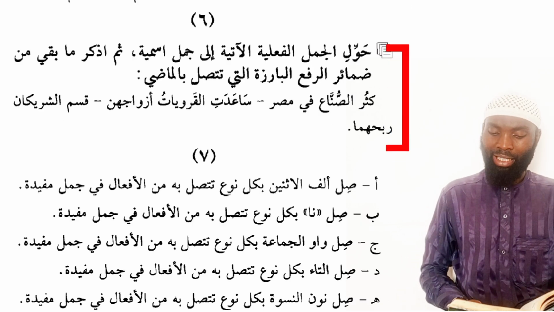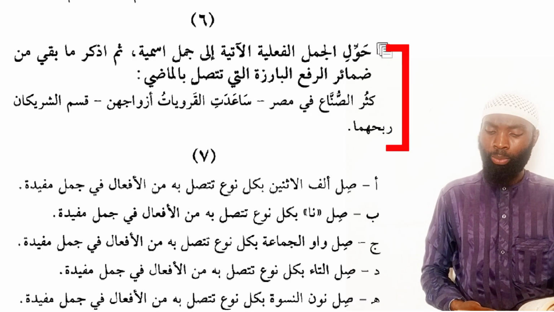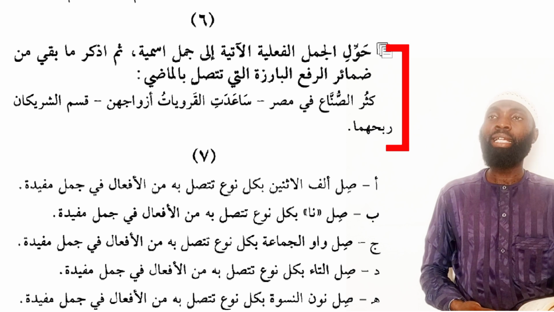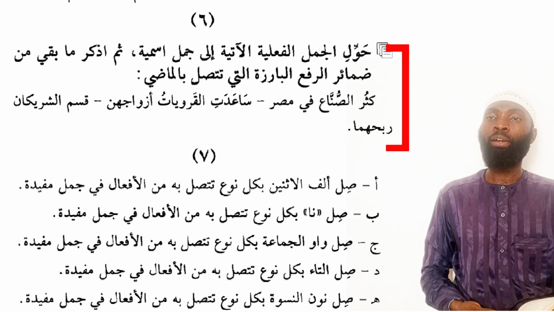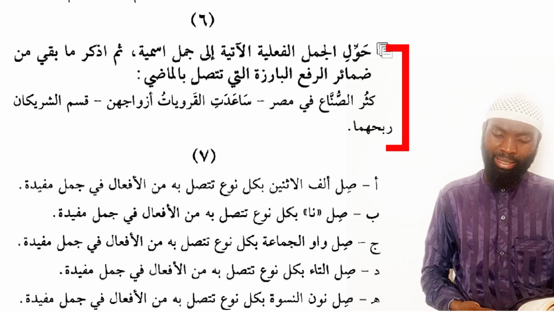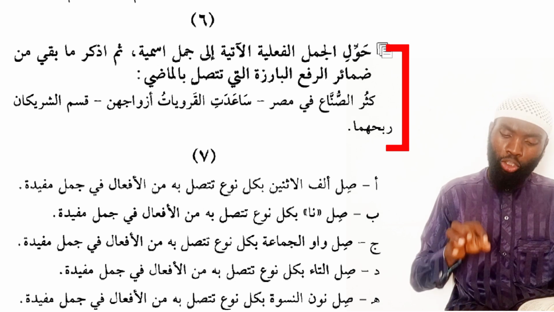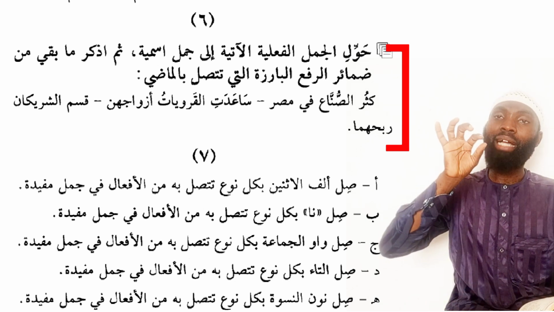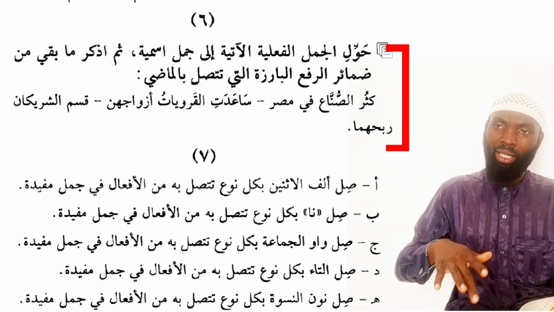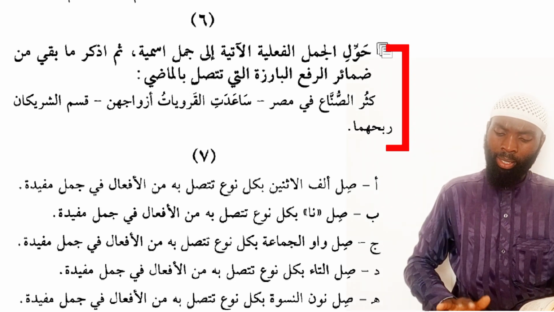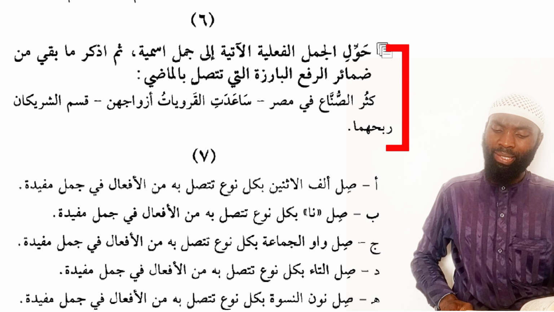تمرين السادس exercise number 6, we have حول الجمل الفعلية الآتية إلى جمل اسمية. You have to change the following verbal sentence into a nominal sentence. ثم اذكر ما بقي من ضمائر الرفع البارزة التي تتصل بالماضي. Then you should mention the remaining attached pronouns which can be attached to the past tense verb that you did not use. كثر الصناع في مصر.